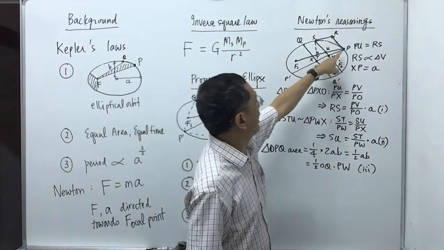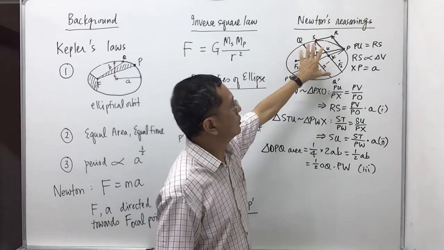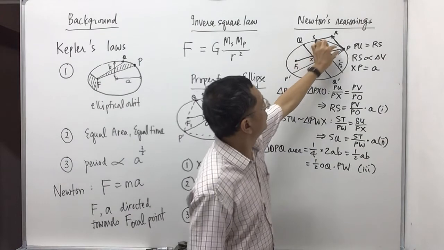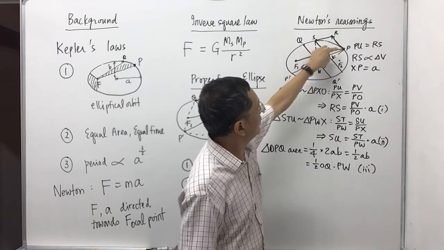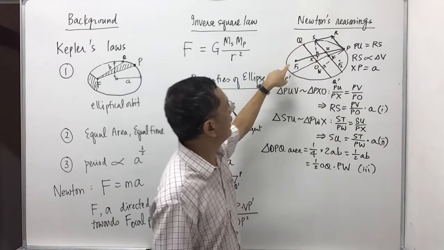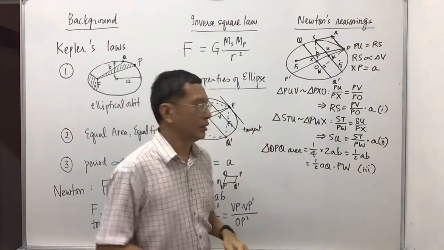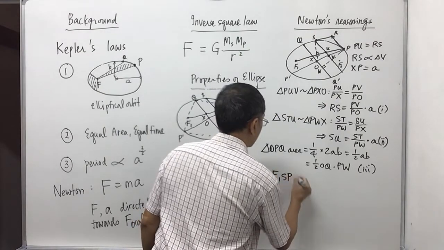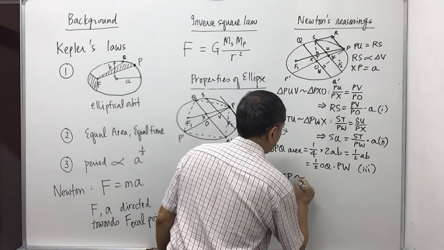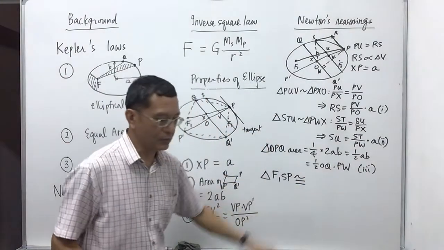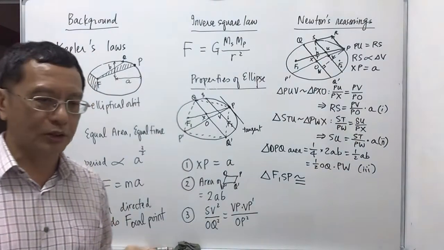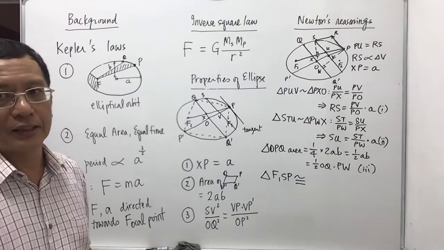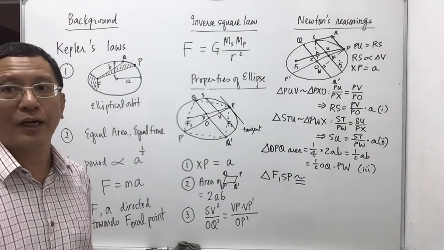In other words, I have blown it up to facilitate the explanation. But actually the real vectors are extremely small, so you can imagine that it forms nearly a triangle, F1SP. Now I'm going to use another symbol, which means asymptotically approaching. In other words, when S is so close to P, it is practically equal.